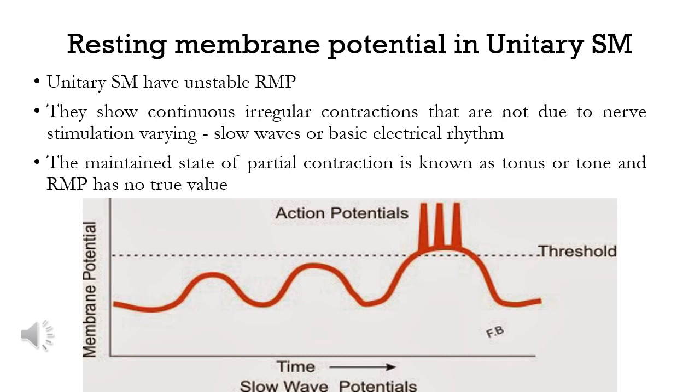These are known as slow waves, or basic electric rhythm. The maintained state of partial contraction is also known as tone or tonus, and this is what is viewed in these types of muscles.